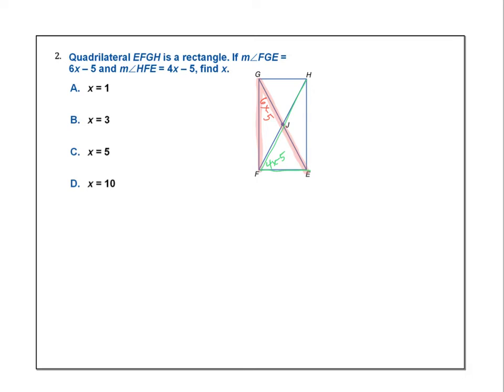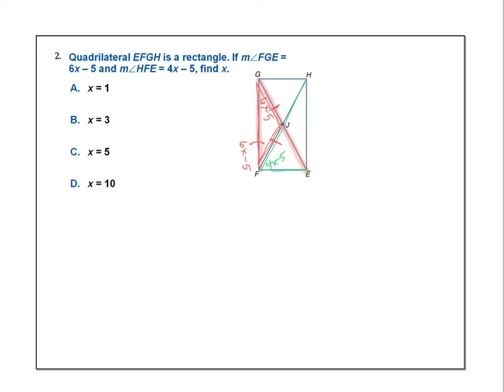Okay, so here's how it works. This red triangle right in here, I've just outlined it in a darker red. That is an isosceles triangle. This and this are the same length. And because of that, this corner down here is also 6x minus 5.